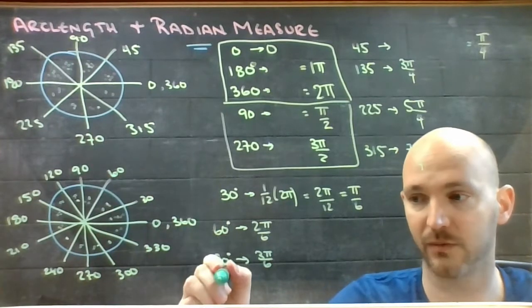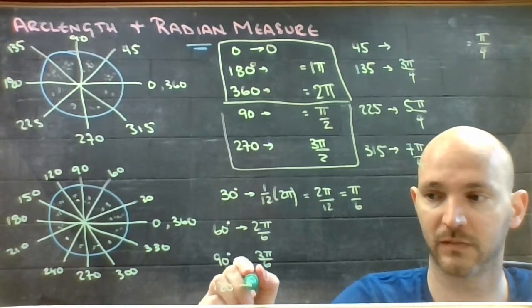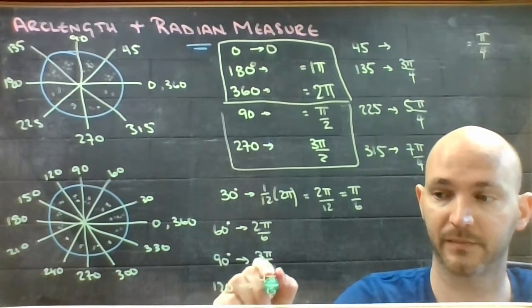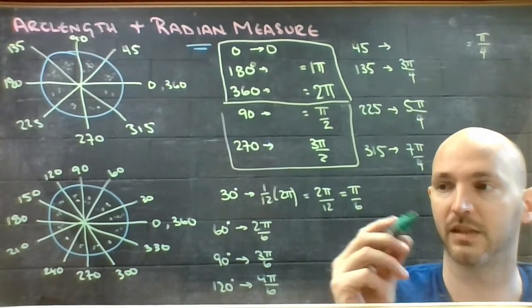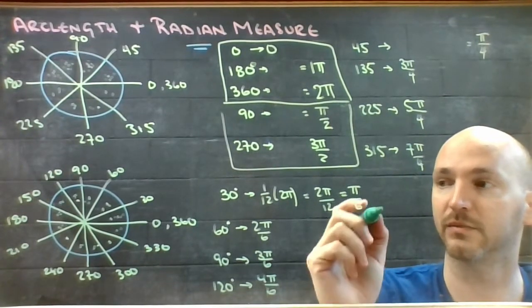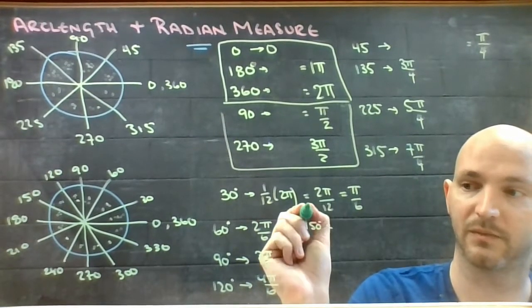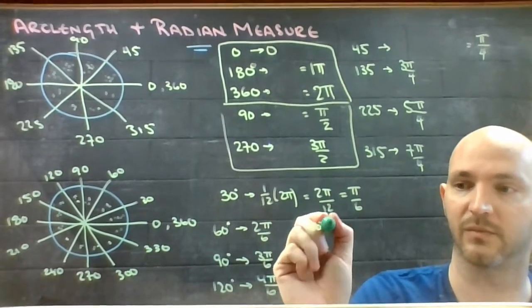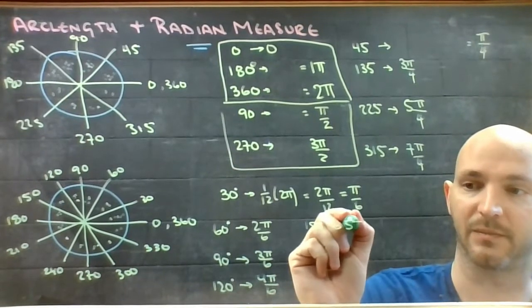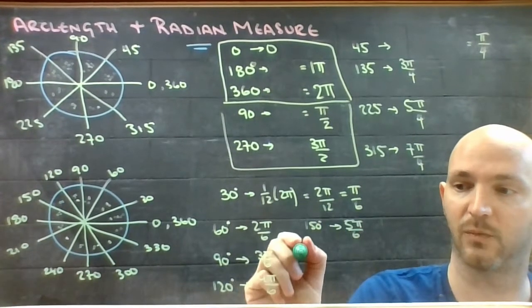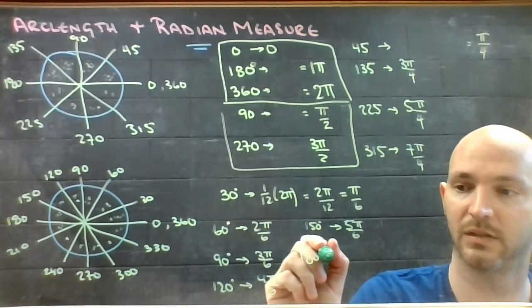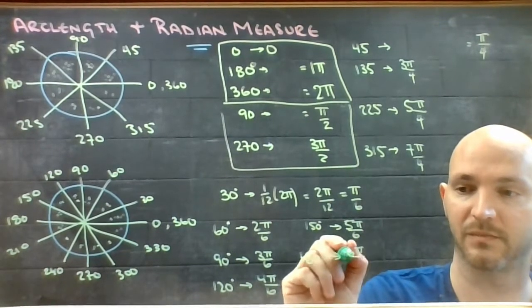My next one, 120, would be 4 of them. The next one after that, 150, would be 5 of them. And 180 would end up being 6 of them.